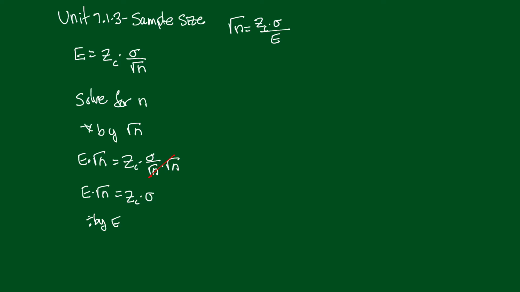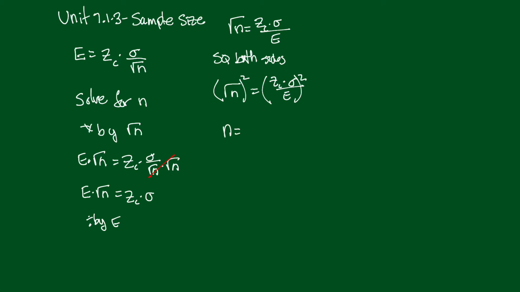And now square both sides. If I square both sides, it'll look like this. Square the square root of n, okay, and then we get z sub c, the critical value, times sigma all over E squared. All right, so here's what we get.